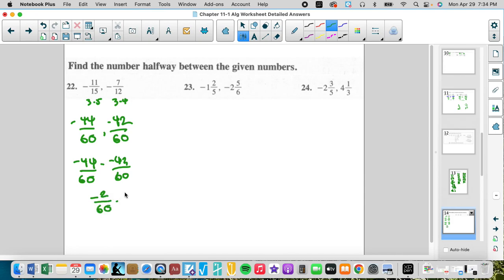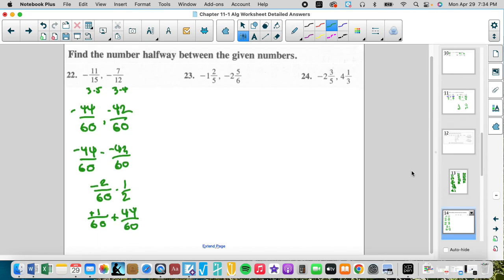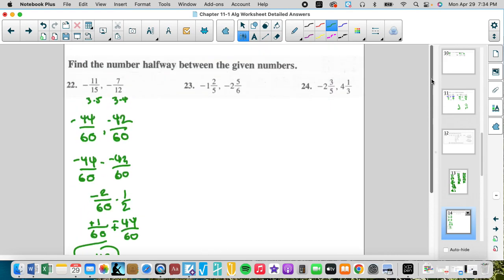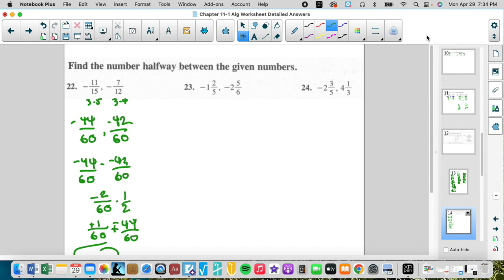And now we're going to multiply by 1/2, which is negative 1 60th, and we add it to the smaller, plus. That's the distance to 44 60ths, which takes us to negative 43. So negative 43 60ths is halfway. Can't be reduced.